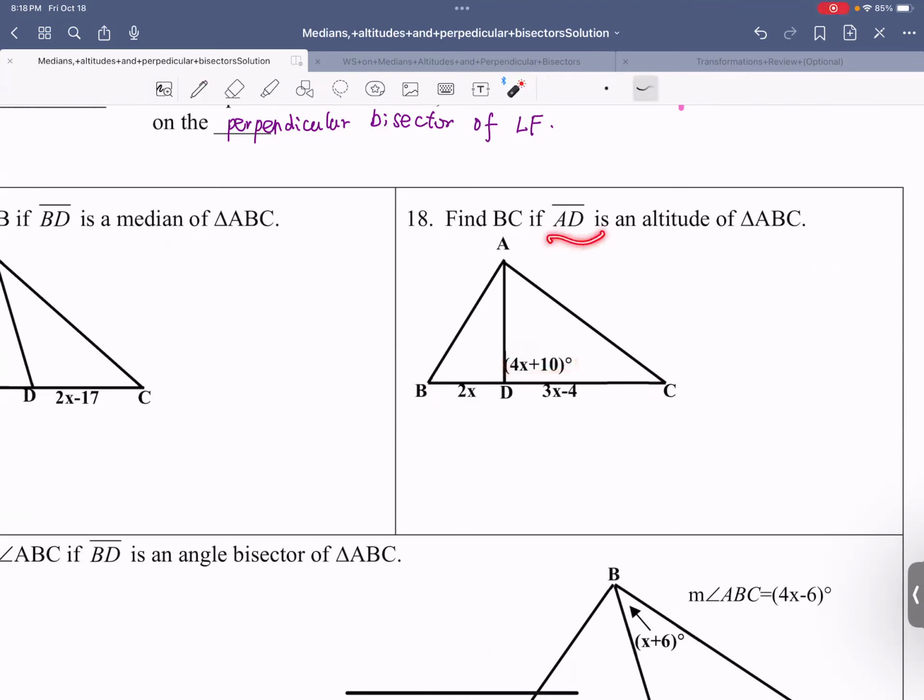They told you this is altitude. So you make this equal to how much? Altitude means what? 90 degrees. Yes. So solve that equation.